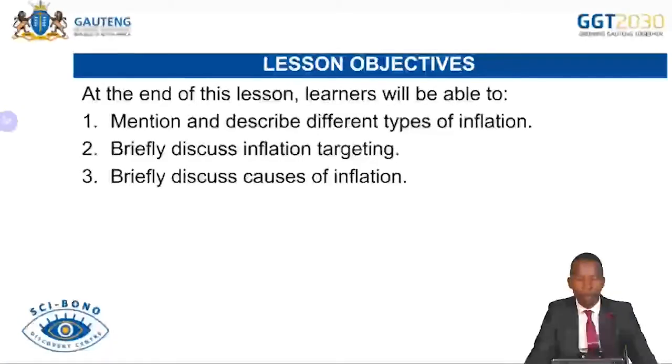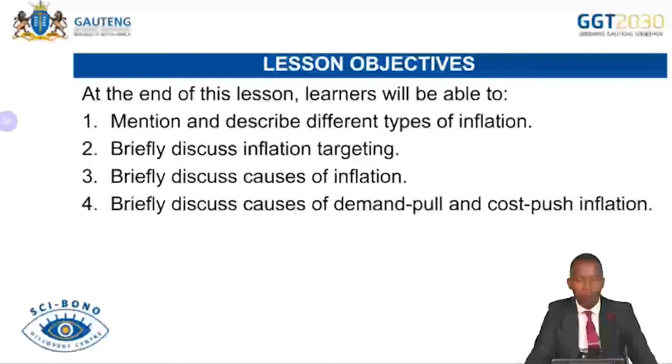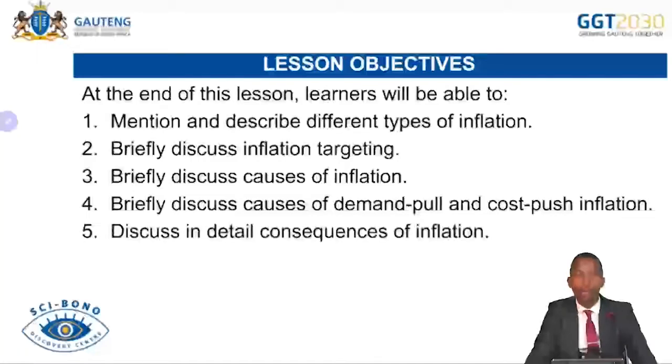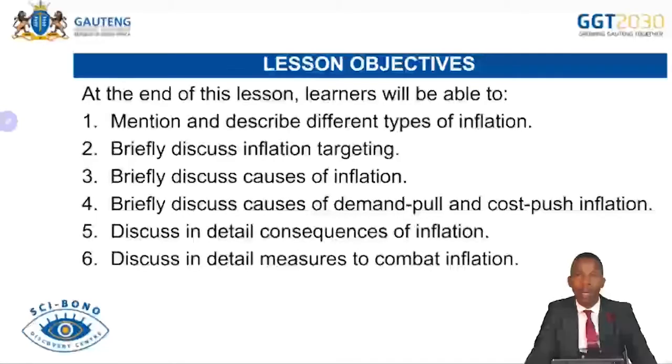You will also be able to briefly discuss causes of demand-pull and cost-push inflation. You will be able to discuss in detail consequences of inflation, which is an essay, and measures to combat inflation, which is also an essay.